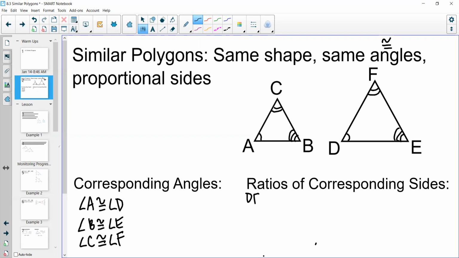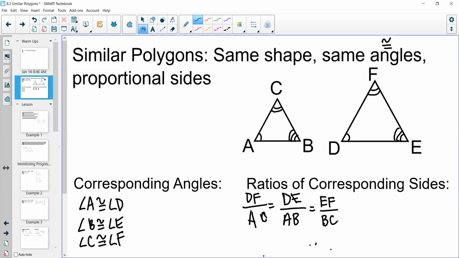So that means that the ratio of DF over AC needs to be the same. Sorry, that C is a little messed up there. DF over AC needs to equal the same as DE over AB, which needs to be the same as EF over BC.